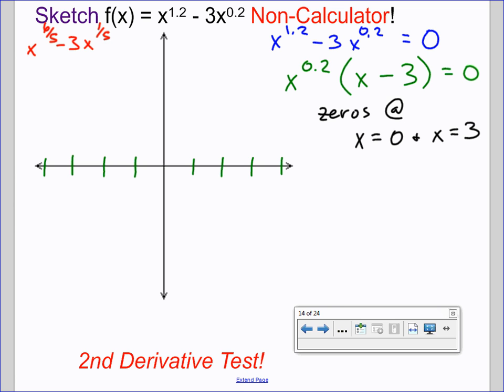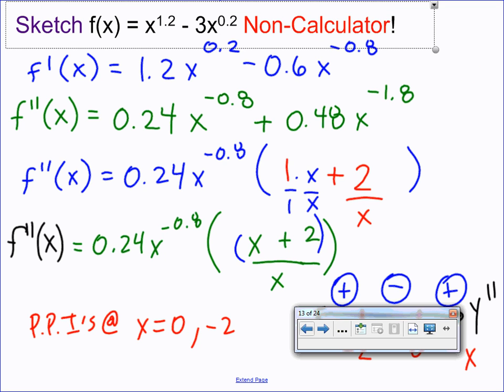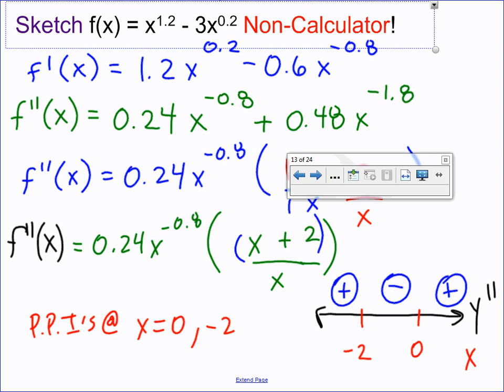All right, well, I'm game if you are. So let's go ahead and make our graph the best we can. Ready? X equals 0, y equals 0, we've got a 0 here. X equals 3, y equals 0, we've got a 0 here. X equals -2, we've got a change in curvature from concave up to concave down.